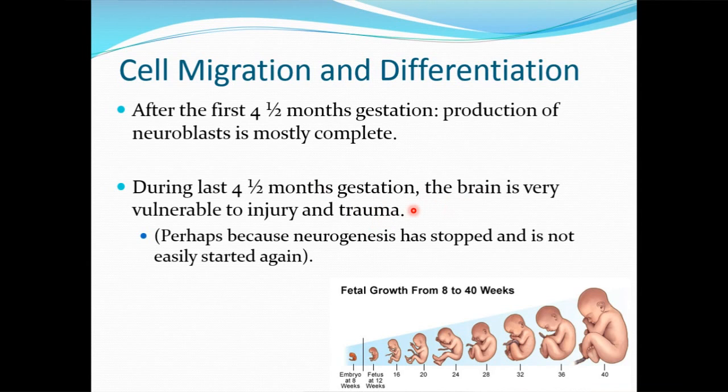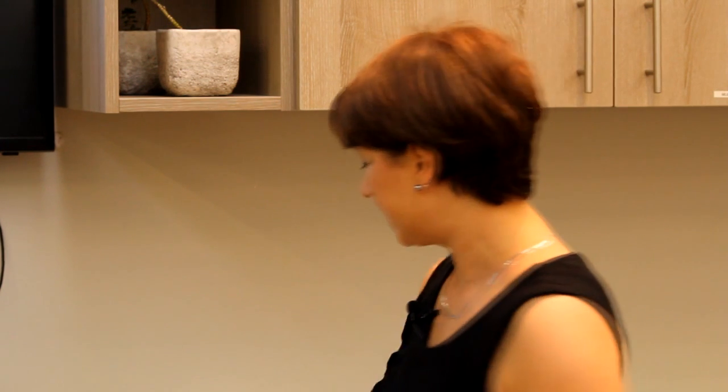And some of the thinking behind this is that the reason the brain would be more vulnerable in that last 4.5 months is perhaps because the neurogenesis has stopped and is not easily started again. So you have a period with these little neurons being made, and then it stops. So if a baby still in the womb then has an injury, those neurons can't regenerate. Okay, and there aren't new ones being made. Okay.